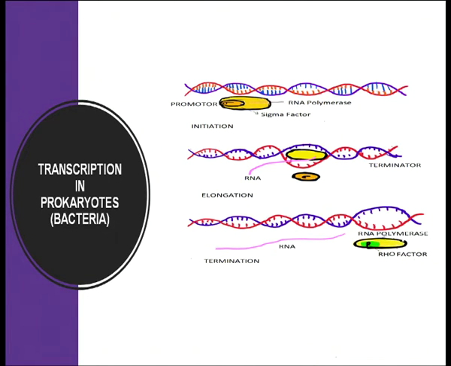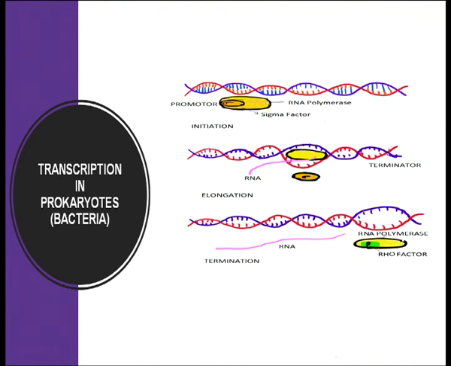Sigma factor, as you can see in the slide, helps in attaching the RNA polymerase to the promoter region. Once RNA polymerase has attached to the promoter region, the elongation of the chain starts and the RNA molecule starts synthesizing. You can see the pink colored RNA molecule that is being formed.